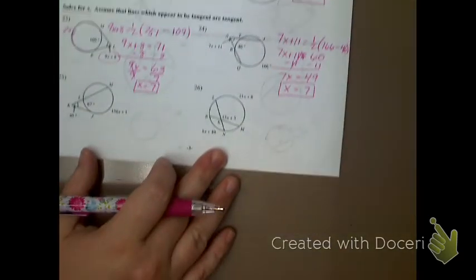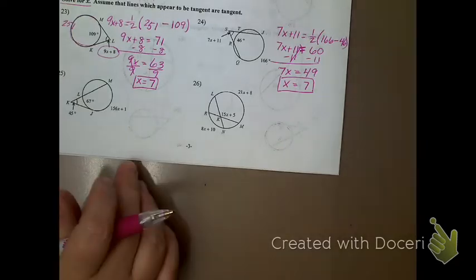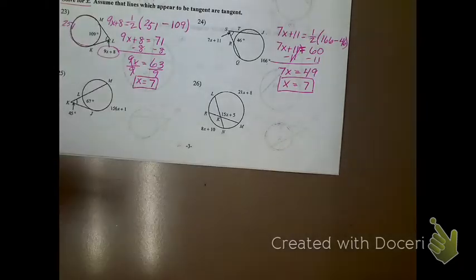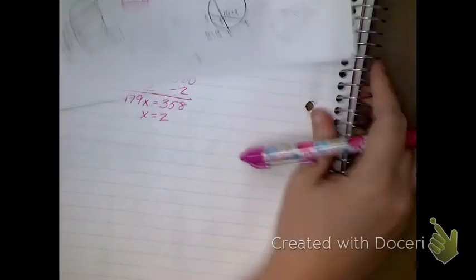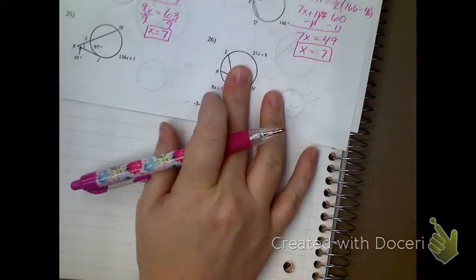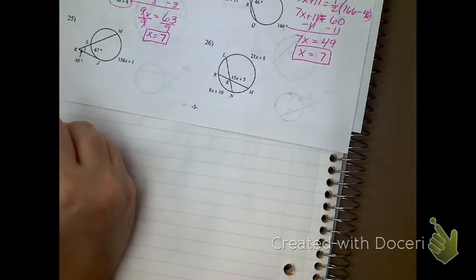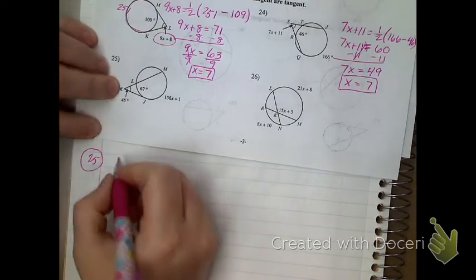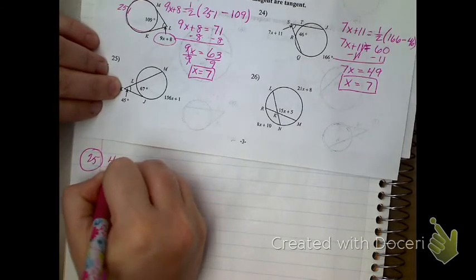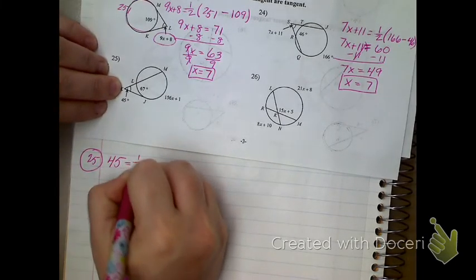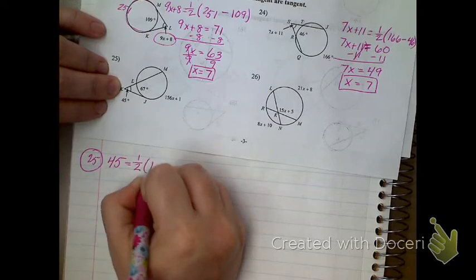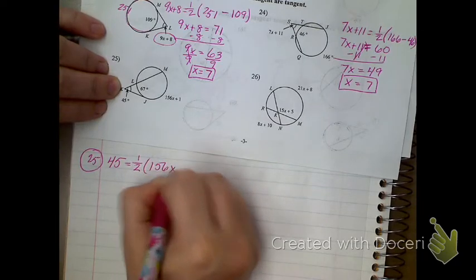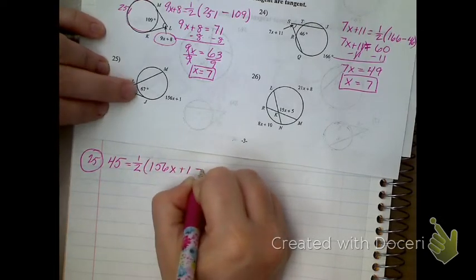Okay. Number 25. It's the same type of problem. 25: the angle, which is 45 degrees, is equal to 1/2 of the big arc minus the small arc.